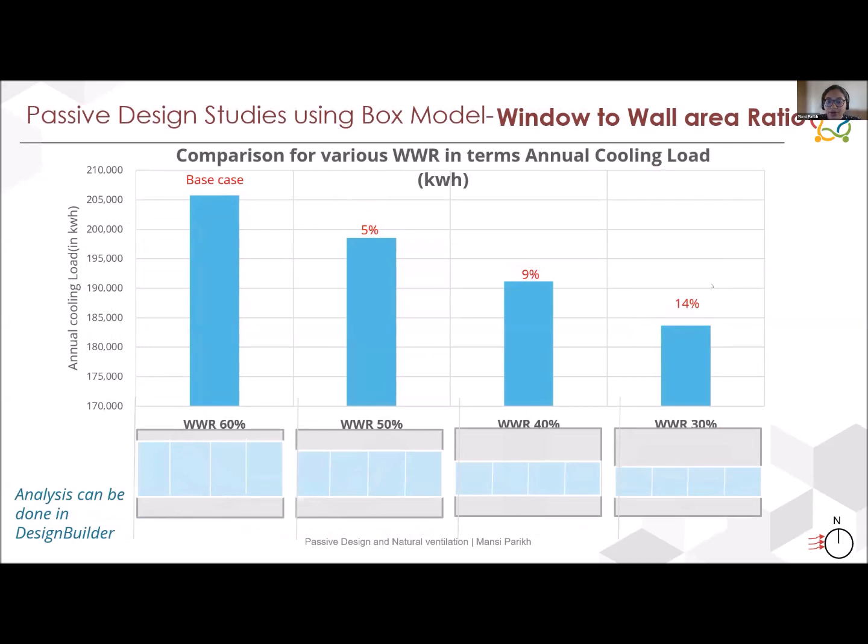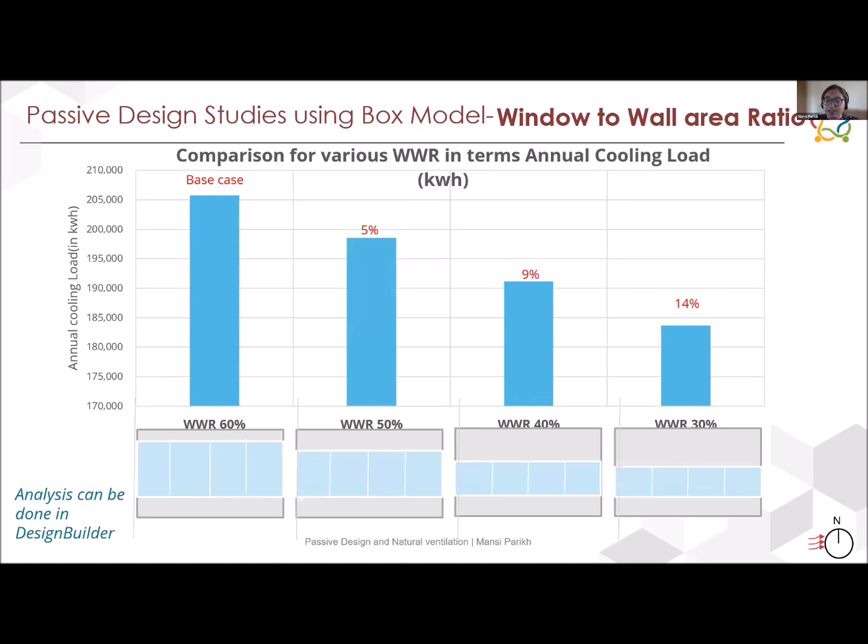Okay, so once we had this done, for east-west longer axis, once we froze that particular orientation, what we started looking into was window to wall area ratio studies, to dive into the optimum WWR to reduce energy consumption in the air conditioned spaces.